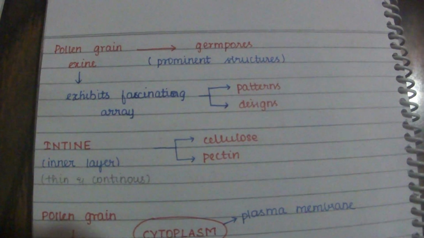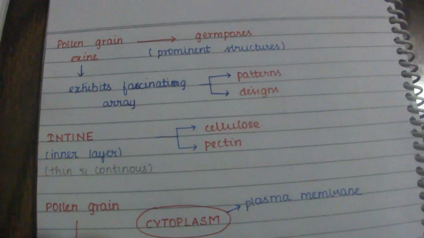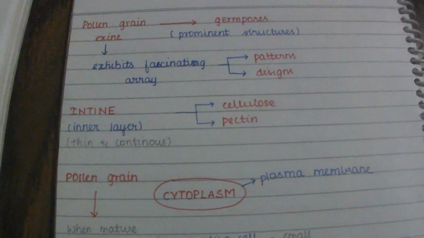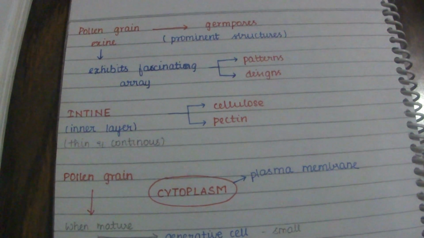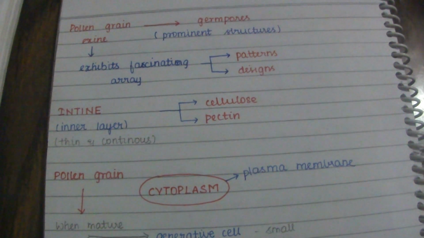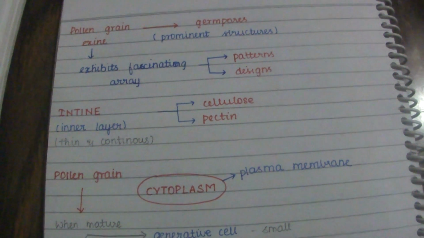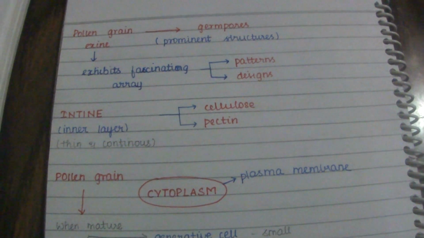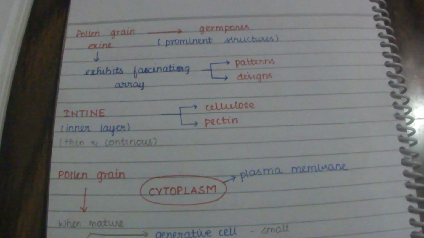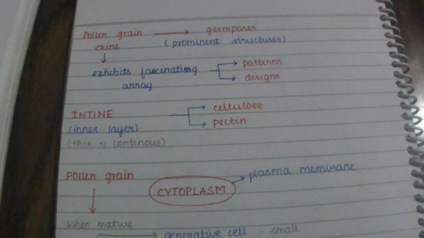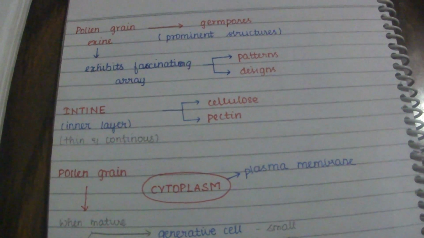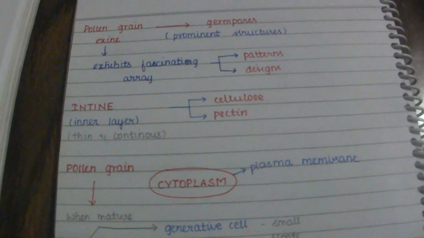The exine has some prominent structures called germ pores, and it exhibits a fascinating array of patterns and designs. A single pollen grain shows a number of sizes, shapes, colors and designs; there is a variety of architecture in pollen grains.